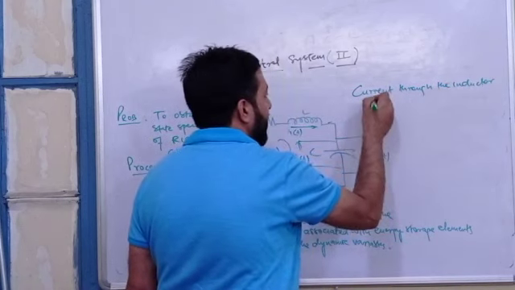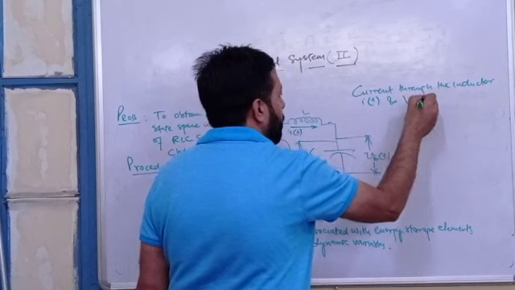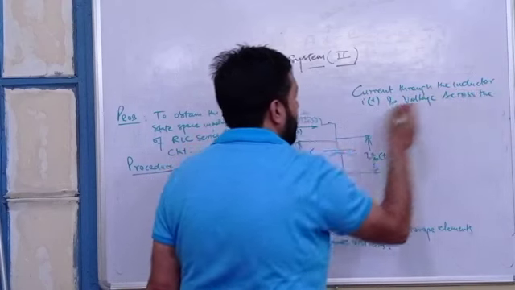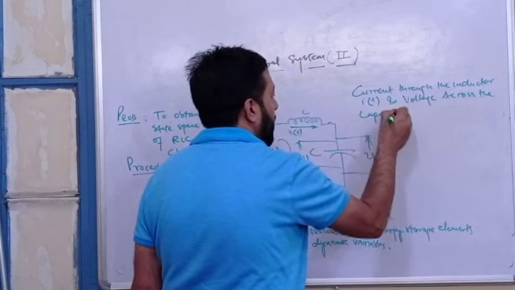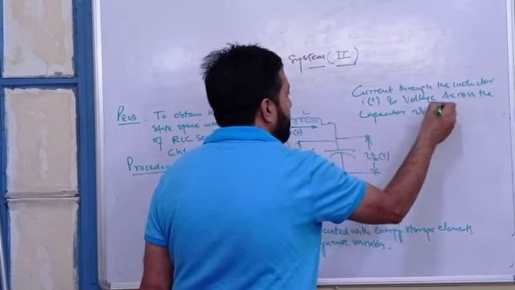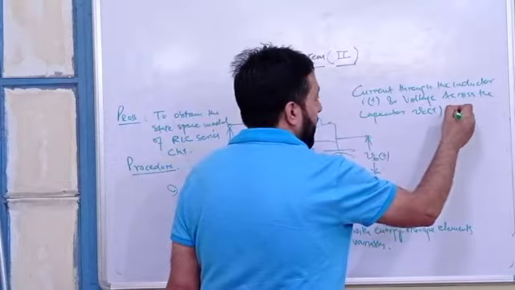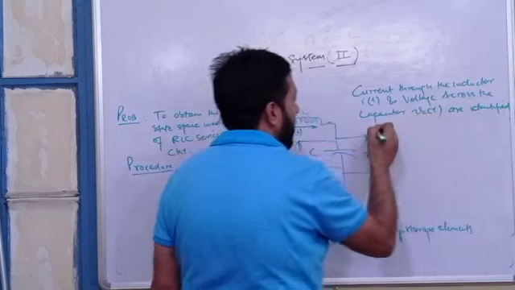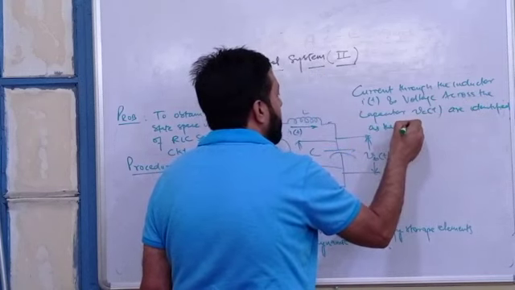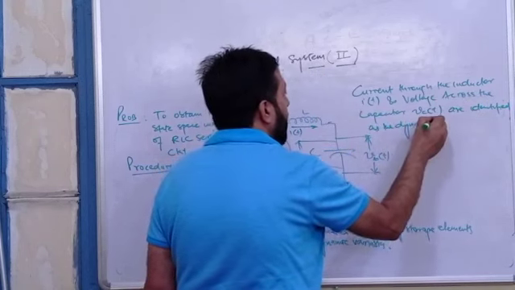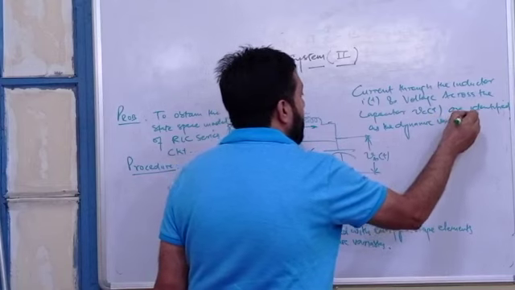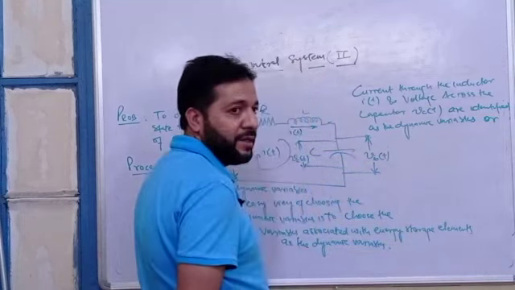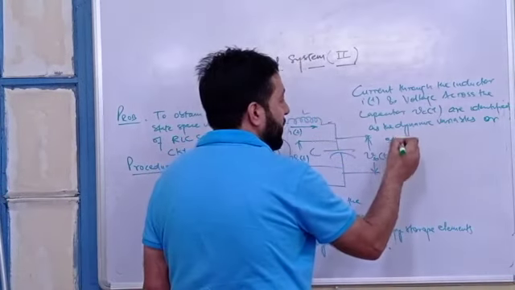Like in this case, the current through the inductor, that is IT, and voltage across the capacitor, that is VCT, are identified as the dynamic variables, or what we call as states. इन्हीं डायनामिक वेरिएबल्स को क्या कहते हैं?